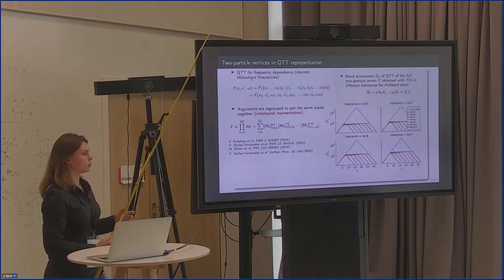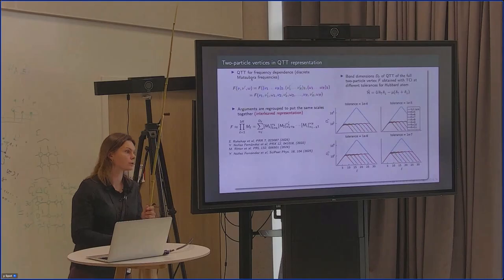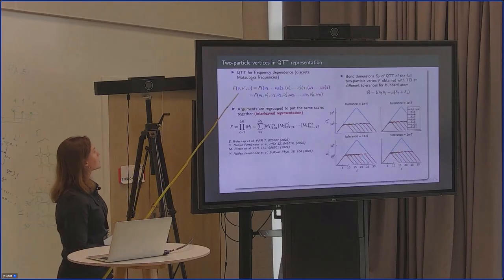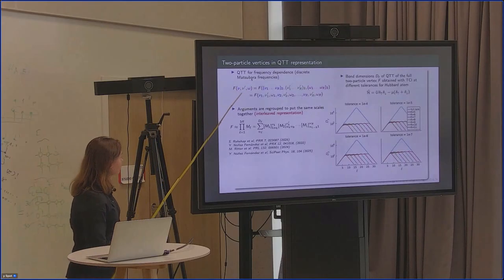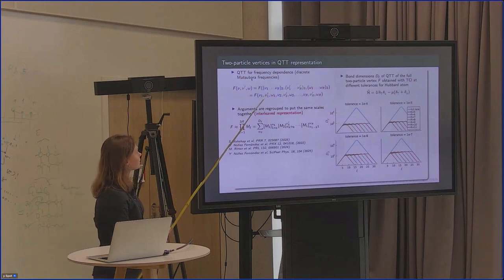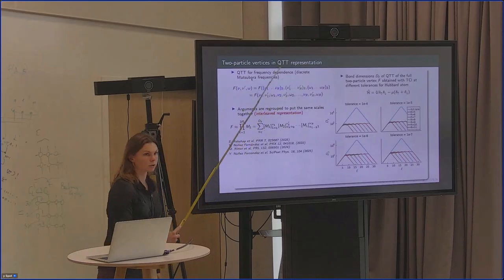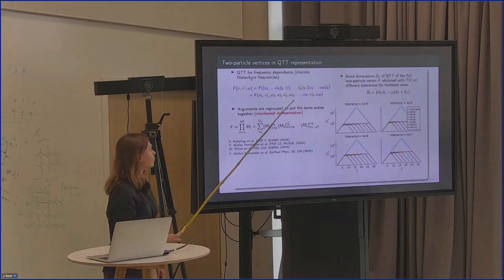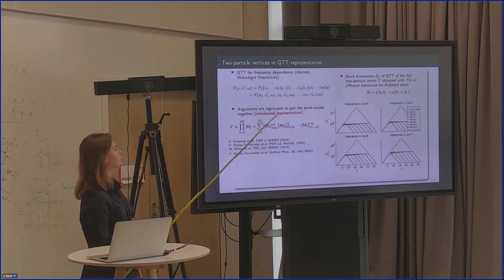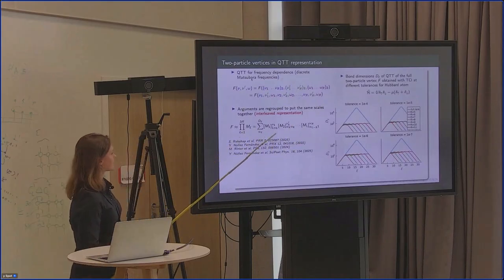Because we have good benchmarks for that, and it's good to start with something where we know the exact solution. So the frequency dependence of a vertex is represented by a QTT with interleaved representation, where we group the same scale together. It's not the only way. It turned out that for the particular problems that we looked at, that's the lowest bond dimension. But it doesn't have to be.